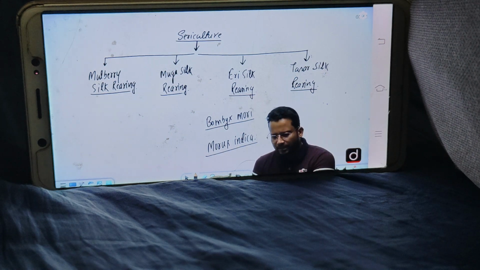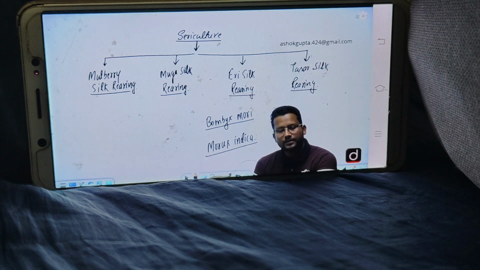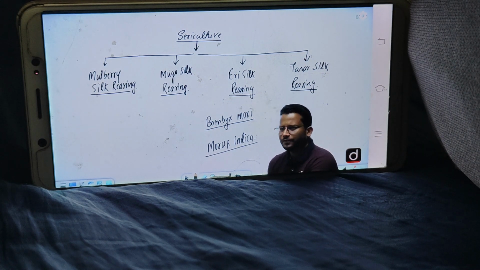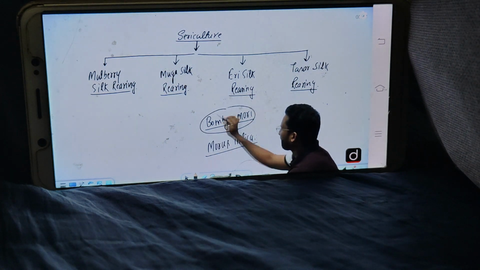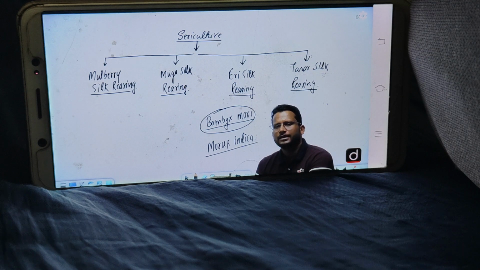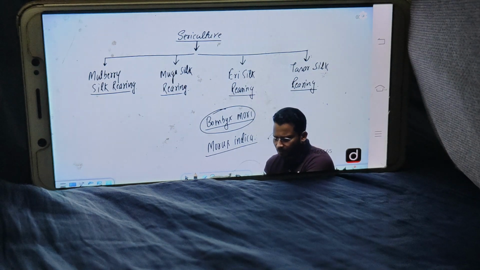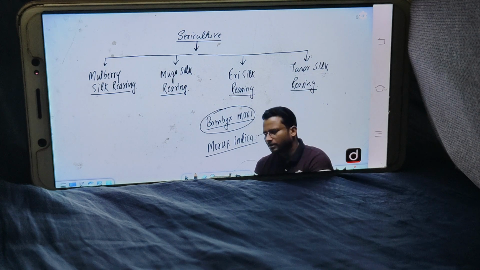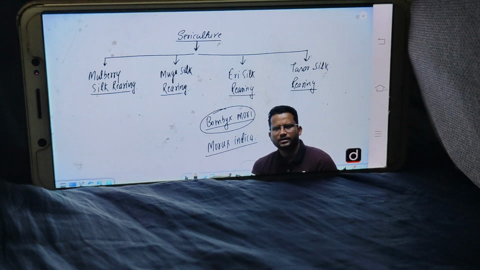And you need to remember that these mulberry trees are specially cultivated, manured, and cared for, providing food to silkworms. So if you are rearing Bombyx mori on mulberry trees, from this activity you are going to get mulberry silk. और mulberry silk के बारे में अगर आप ध्यान रखोगे तो it's a better quality silk, मतलब अच्छी silk.